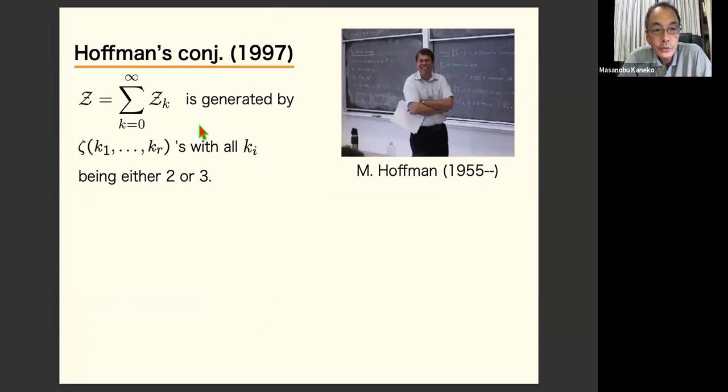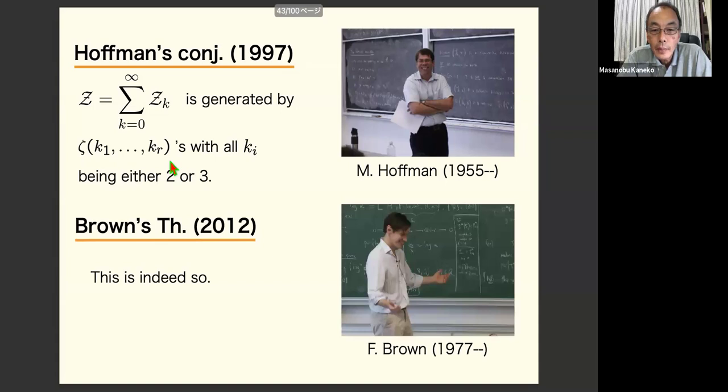So he conjectured that the space spanned by these MZVs over Q is generated by those with indices either 2 or 3. And later Francis Brown proved this using algebraic geometric machinery, so mixed Tate motives or motivic MZVs.